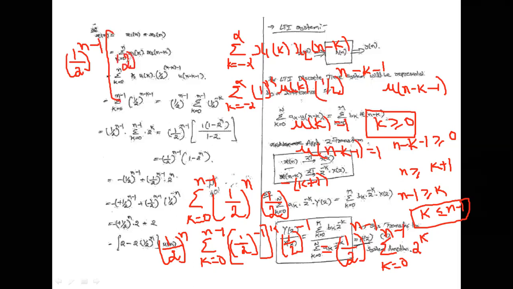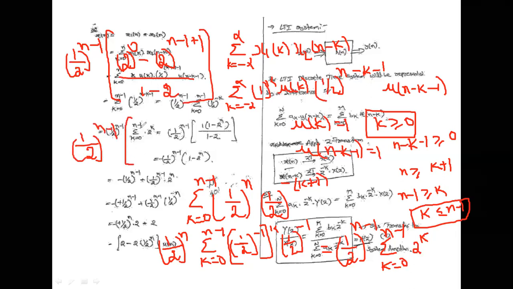So 2 power 0, because n1 is 0, and 2 power n2 plus 1, where n2 is n minus 1, so n minus 1 plus 1, whole divided by 1 minus 2. So 1 by 2 whole power n minus 1 multiplied with 2 power 0 minus 2 power n, whole divided by 1 minus 2, which is minus 1. Got it, my dear students?